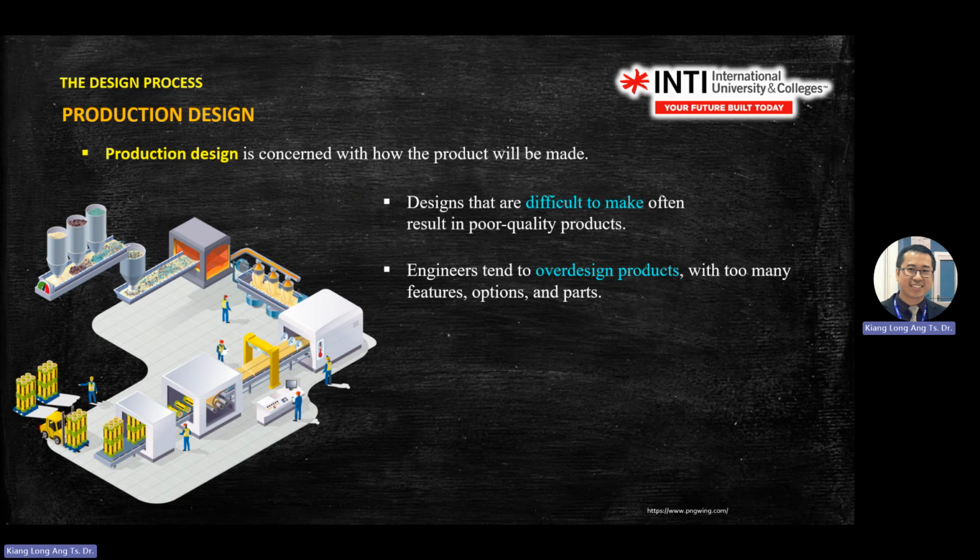Sometimes we as engineers tend to over design the products, with lots of functions, lots of options, lots of parts. Back to the milk product, when you talk about production design, you mention your product is using a simplified milk process, by simplifying the features, options, and the container parts and so on.